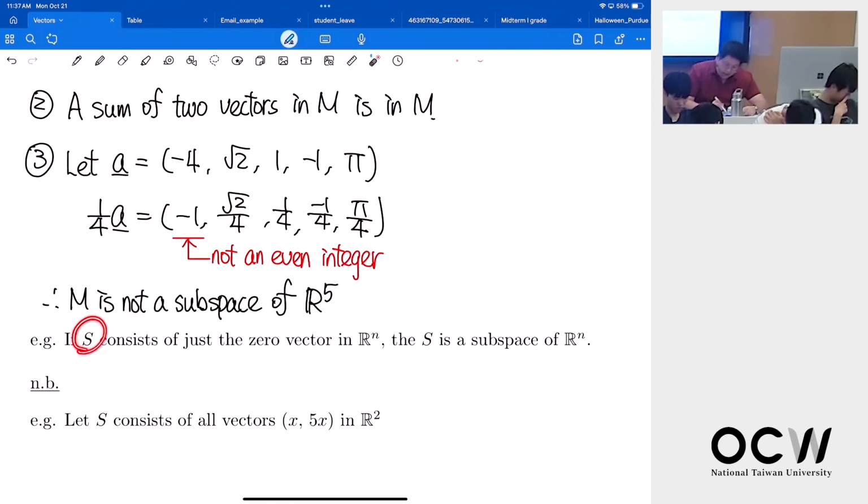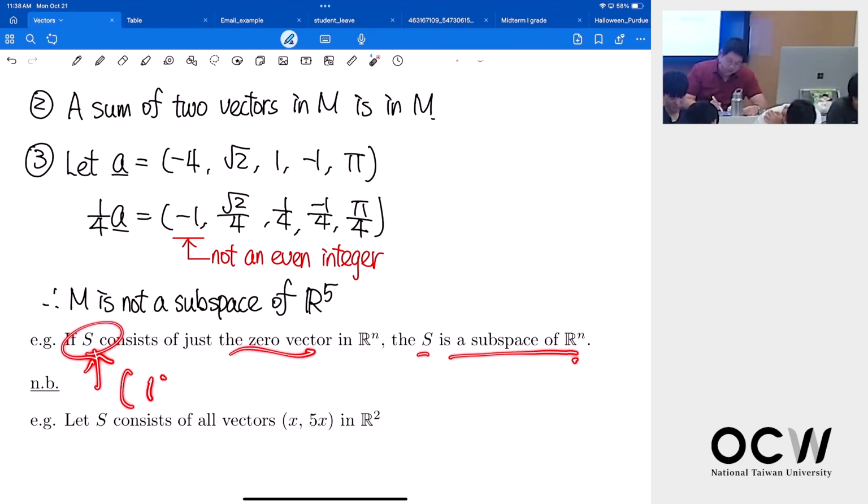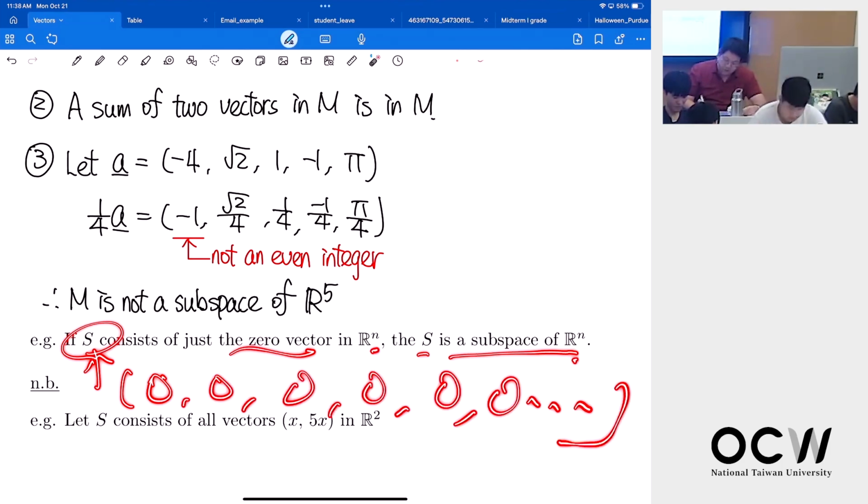If my set S just contains a zero vector, then S is a subspace of Rn. Is that true or false? If my set is just the zero vector in Rn, so I have n terms, is this S a subspace of R to the n? First, is the zero vector in S?